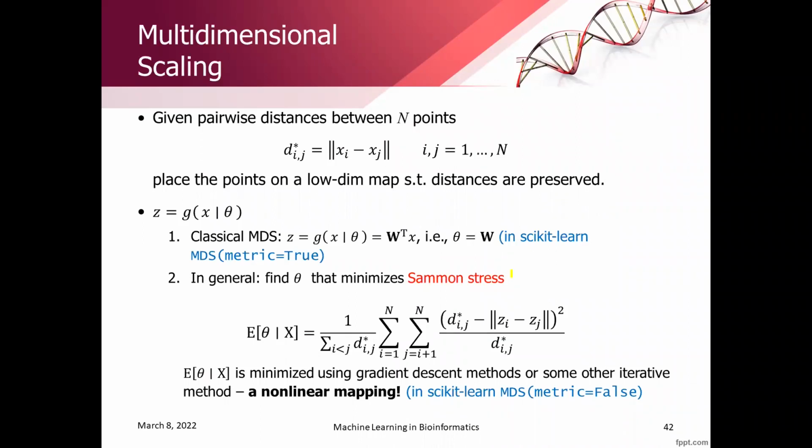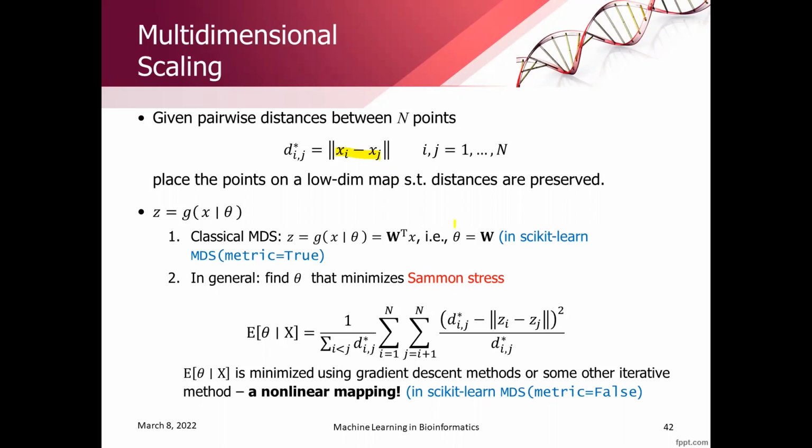The next method is called multidimensional scaling. Multidimensional scaling has a very simple idea. We compute distances between the observations, so xi and xj, the ith and jth rows of the observation matrix, two observations, and we can compute the difference between them in some norm.